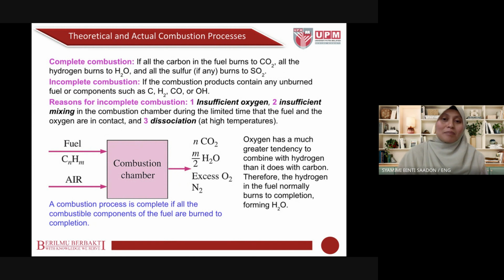All the carbon and hydrogen are transformed to carbon dioxide, H2O, SO2, etc.